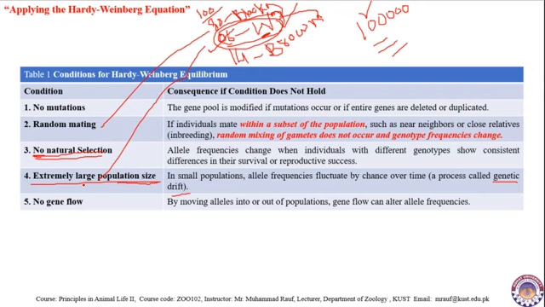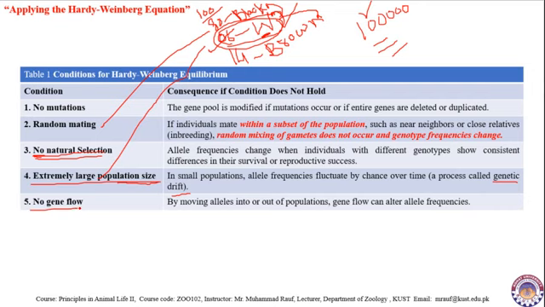So if those 6 individuals which are having green eye color, suppose they suffered an accident and lost their lives, then this allele determining the green eye color will be lost from the population and the allelic frequency will be disturbed. But if the population size is large, suppose there are 100,000 individuals, then the death of few individuals will not result in the elimination of a particular allele from the population.